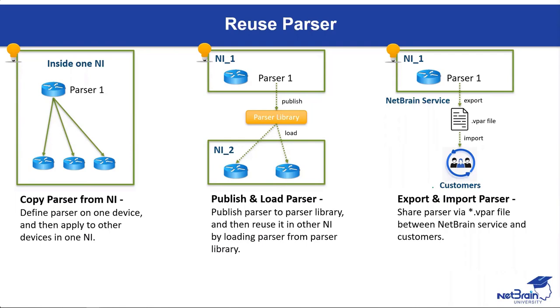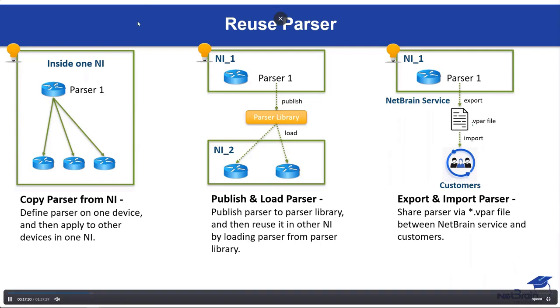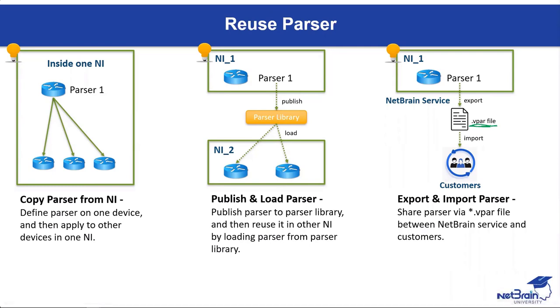So what you're going to have to do in that case is export the parser files to .vpar is the name of the format, basically just a Windows or Linux file. And then you're going to have to maintain a repository, like in a shared drive or something, and then import it into each individual tenant. So it's a little bit of an annoyance if you're an MSP, but not the end of the world.